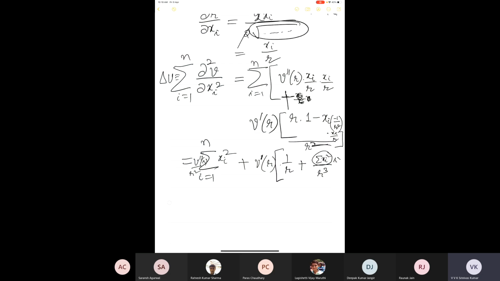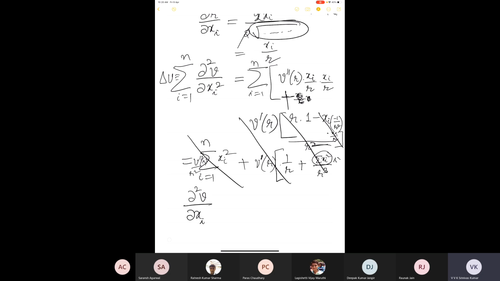So here, if we see this r square, we have to be careful. This part is correct. So here I am doing it again.